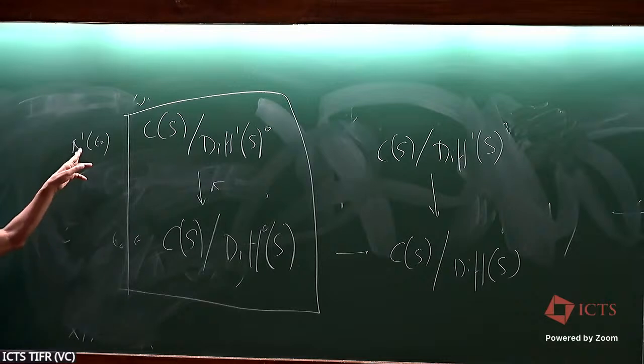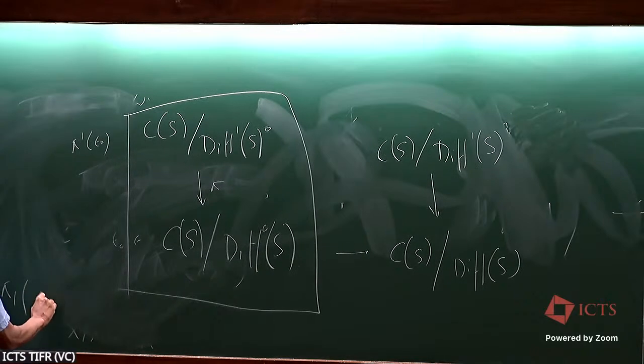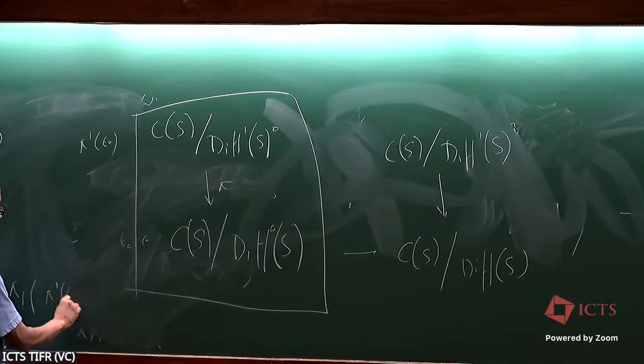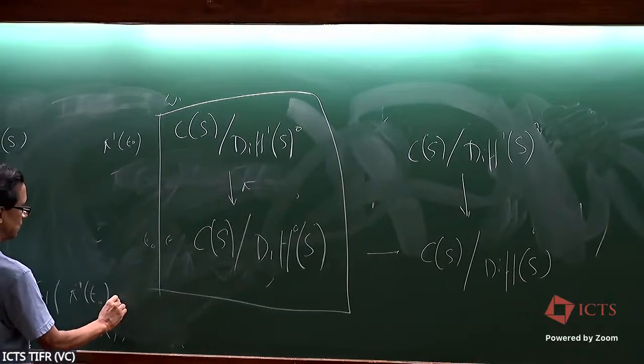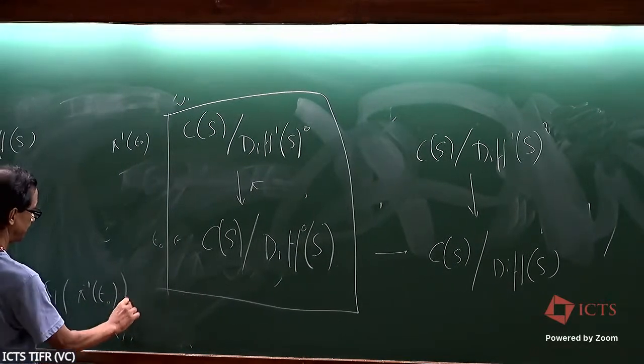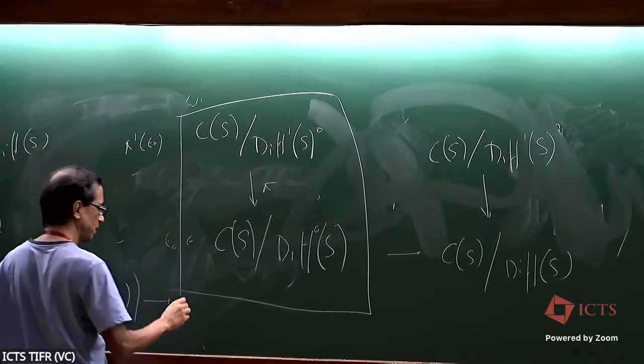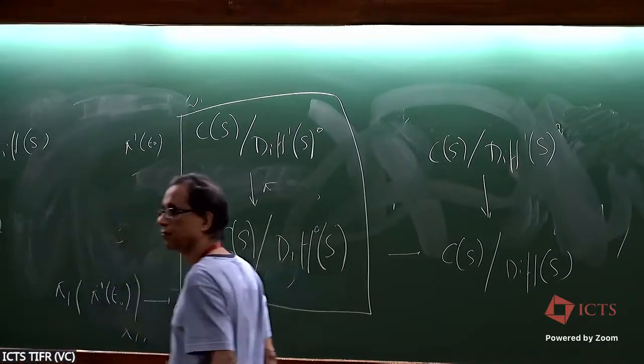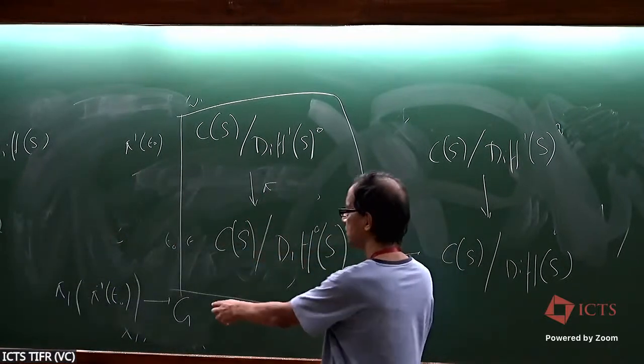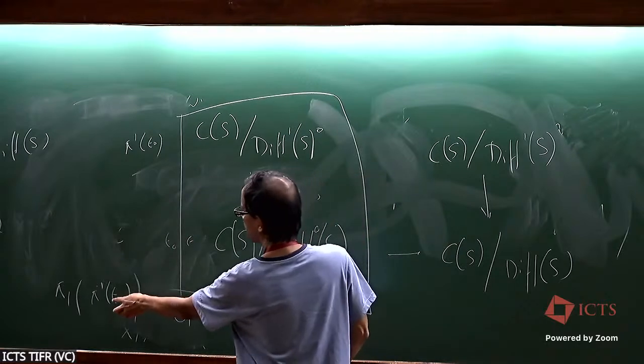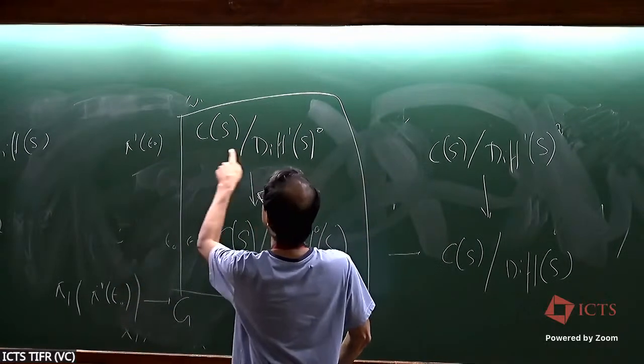I take a flat connection on this. That means a representation of pi 1 of pi inverse P naught to GL(n, C) or whatever, any G. Let me call it G. I take a homomorphism rho. Now this pi 1 of the fiber is the same as pi 1 of this, because this is contractible.